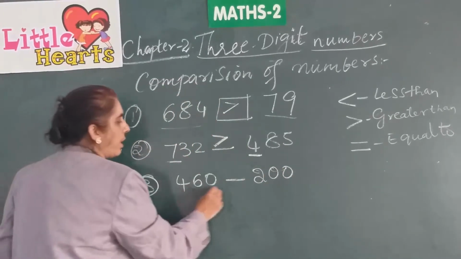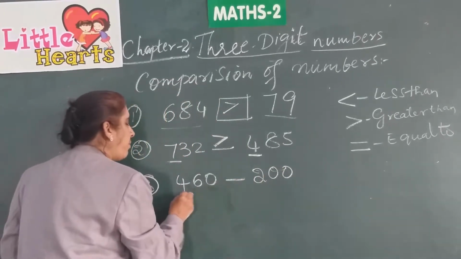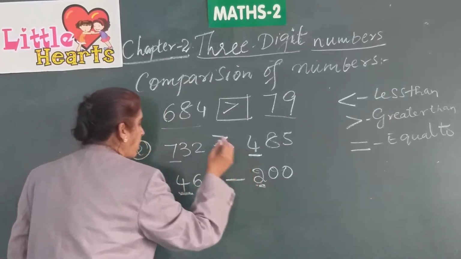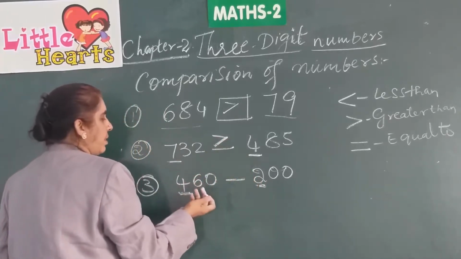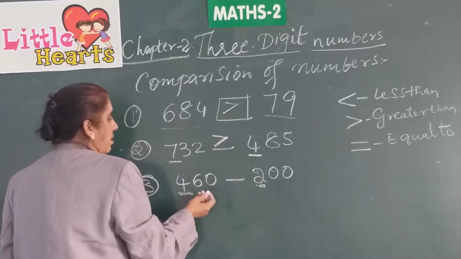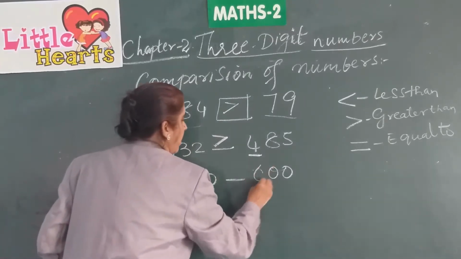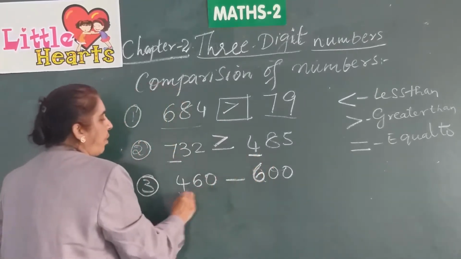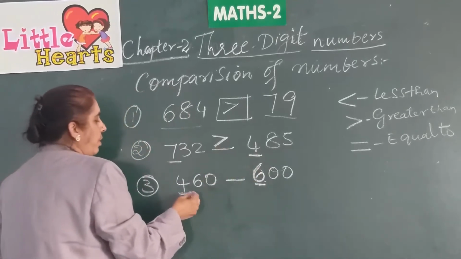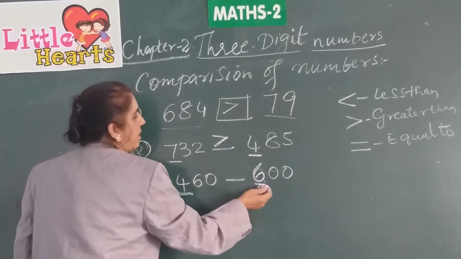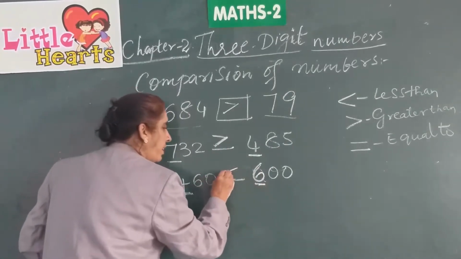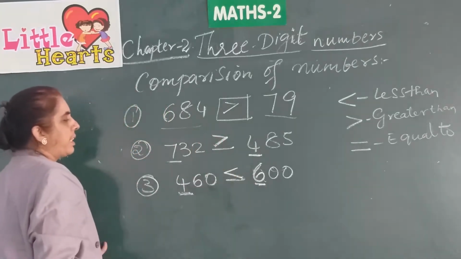Here also both are three-digit numbers. Compare from the hundreds place first. 4 and 6. So this 4 is less than 6. So 460 is less than 600.